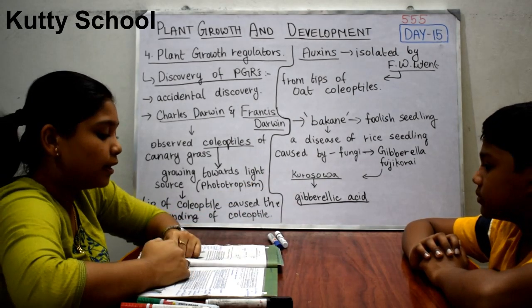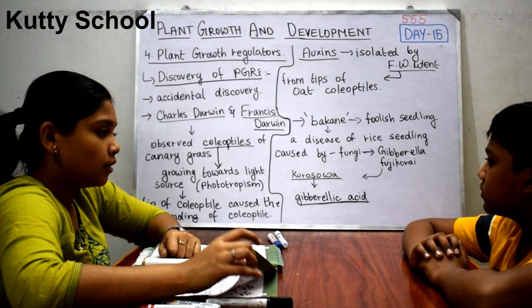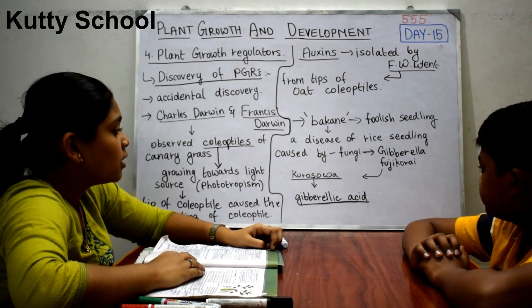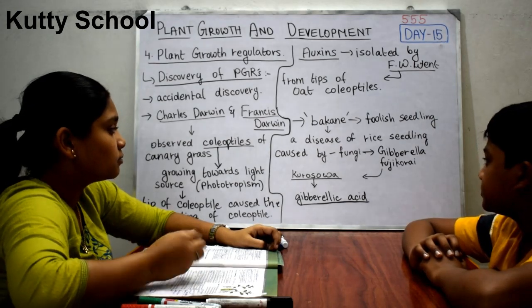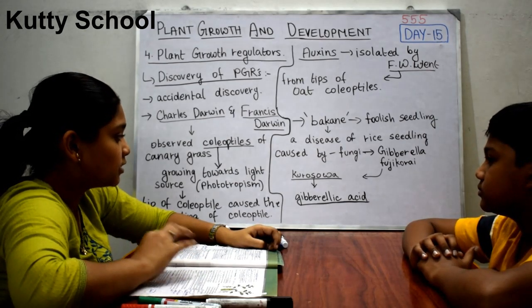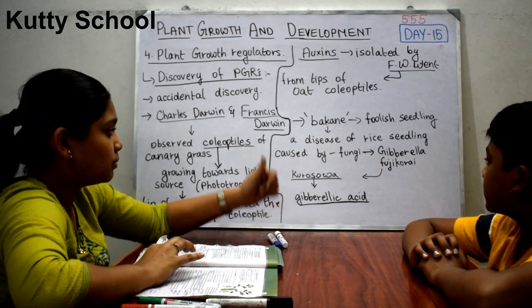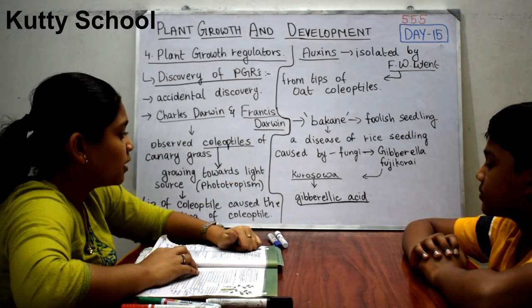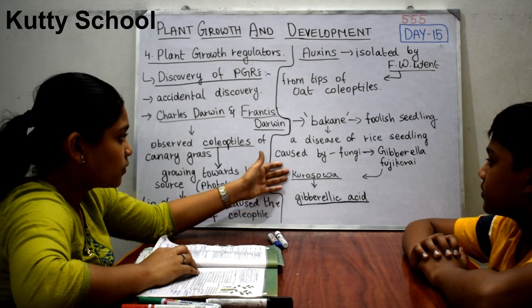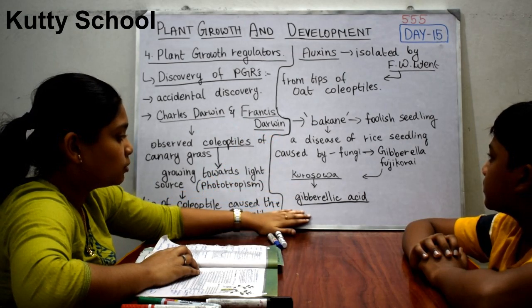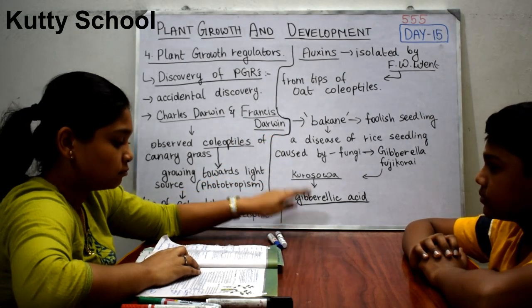Kurosawa took uninfected rice seedlings and applied sterile Gibberella fungus, and he found the disease Bakanae. So it is caused by gibberellic acid, okay.